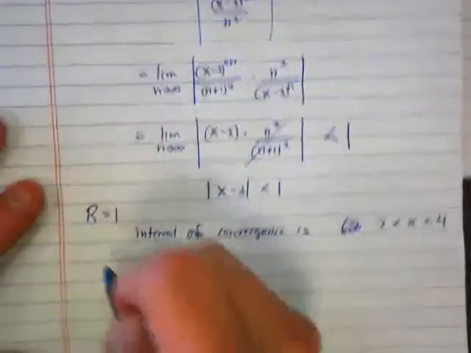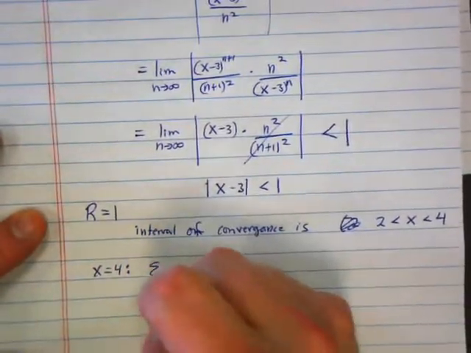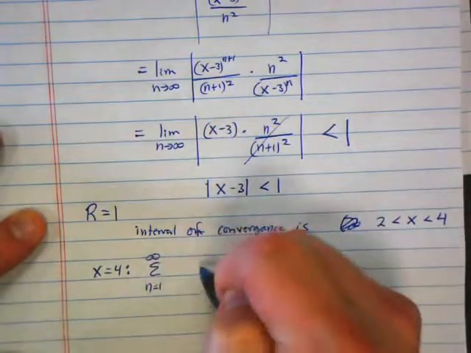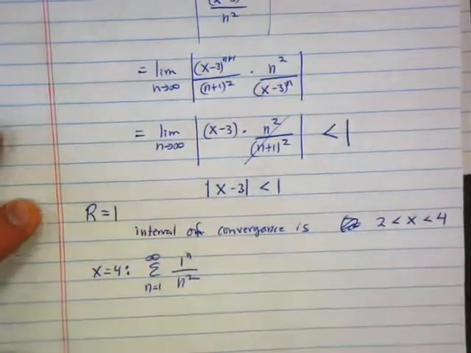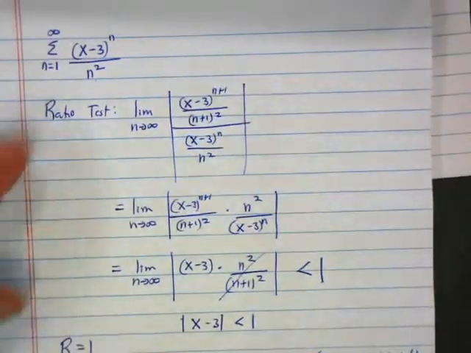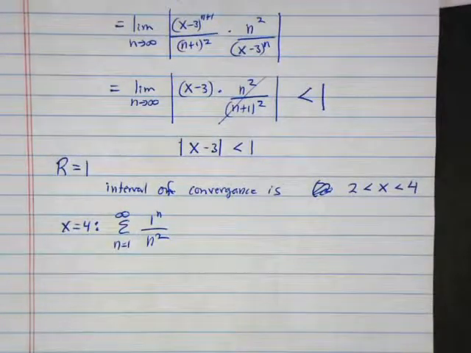Well, if I plug in x equals 4, I end up with the sum from n equals 1 to infinity of 1 to the n over n squared. So I just put 4 in. 4 minus 3 is 1. Does that series converge or diverge? Converges.